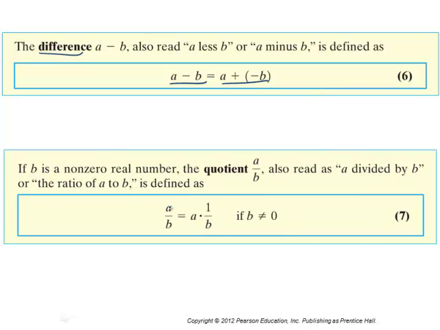If you wanted to do division, some number A divided by some other number B, we could say we're taking the quotient of A and B. In other words, we're taking A divided by B. We could write it as this fraction right here. But we could also say that this is A times the reciprocal of B, or the ratio of A to B, or A times the multiplicative inverse of B, provided, of course, that B is not 0, because we don't know how to divide by 0.